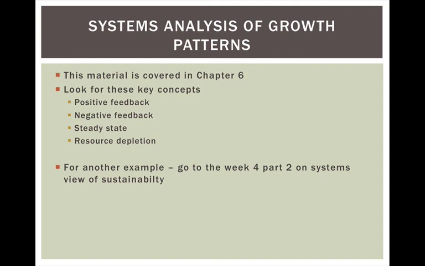Negative feedback, a good example is the leveling off phase of the logistic growth. Steady state is when the birth rate equals the death rate, or when the input equals the output. And resource depletion is an example when the population would decrease rapidly because there was no resource available.